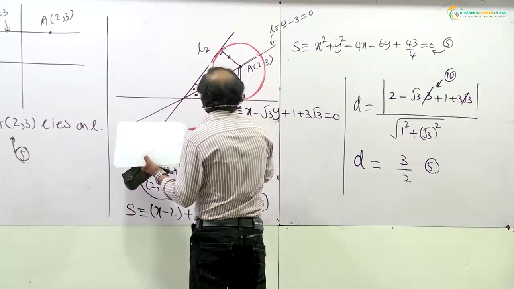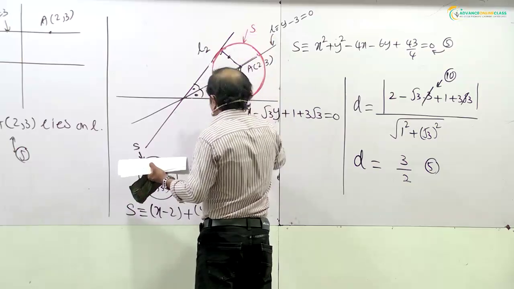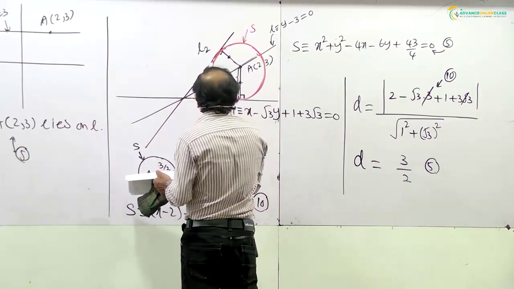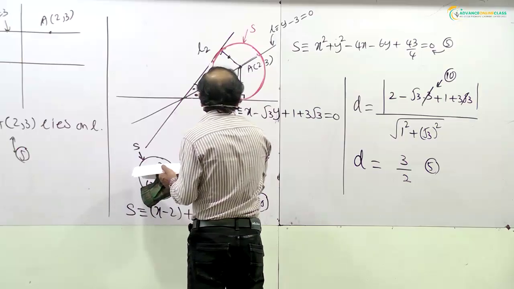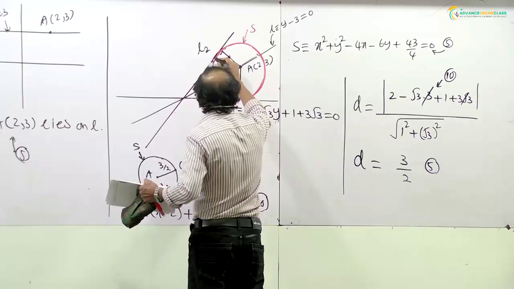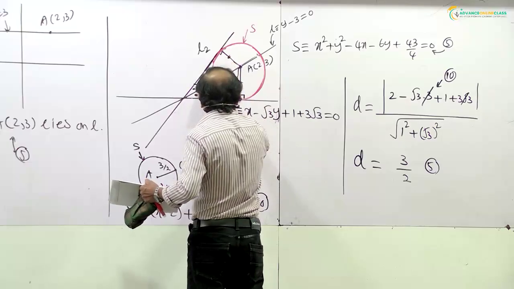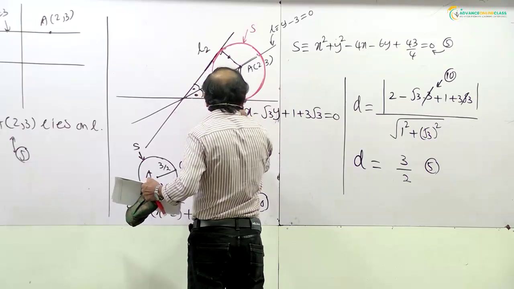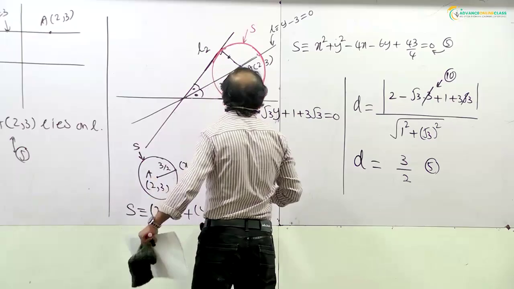Right. This is S. The circle touches both lines L1 and L2.